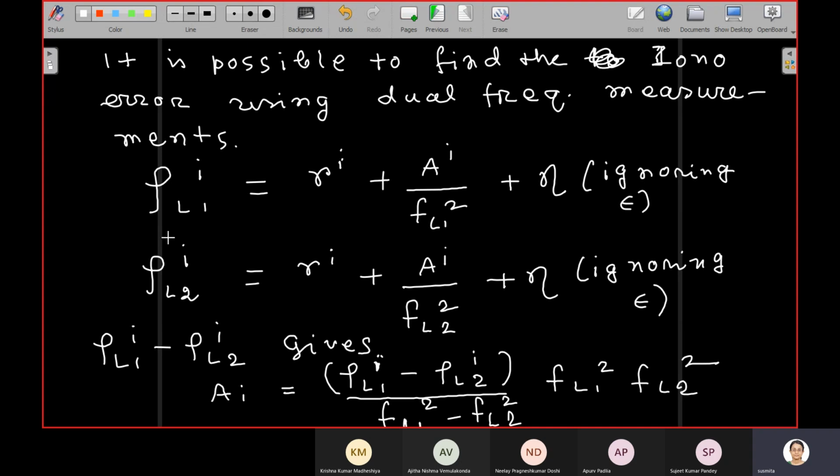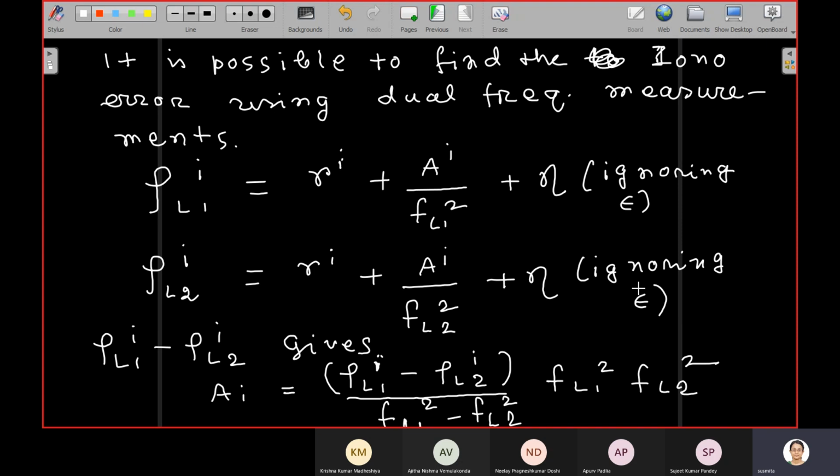Similarly, from this one, if we subtract this, substituting for AI, we get the pseudo range for L2 without the ionospheric error, and its epsilon will also be increased. So this is how, using the dual frequency measurements, it is possible to eliminate the ionospheric error.